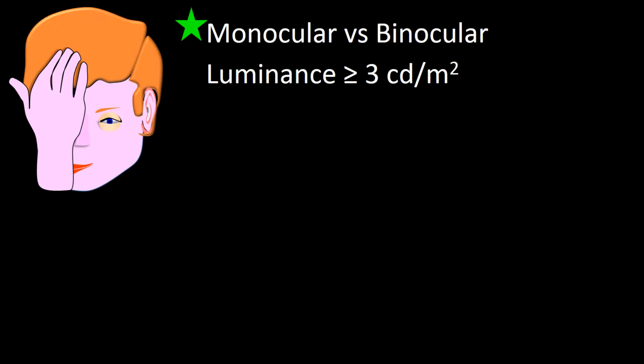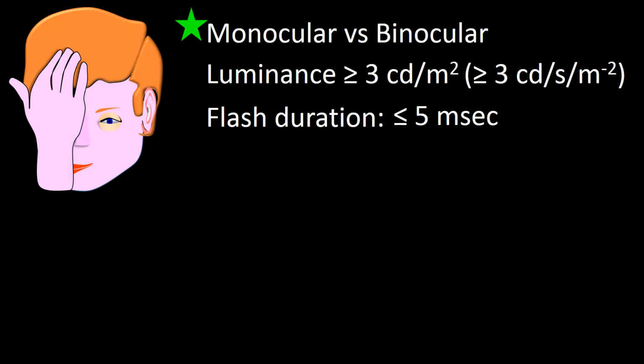Luminance should be 3 cd per square meter. I find it curious that the International Society of Ophthalmology also says that luminance should be 3 candelas per square meter or more, but adds per second and places a negative sign prior to the square, as you can see in the parentheses in this frame.